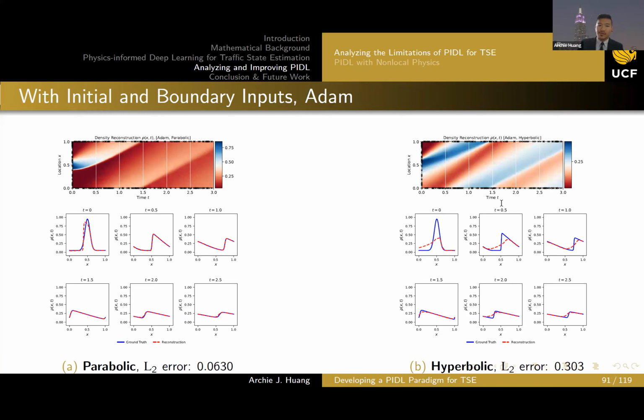We observe similar results with another optimizer, Adam, as well. And again, I want to point to the snapshots, where we see the majority of the reconstruction error comes from. That's in these areas where the shock waves are present.